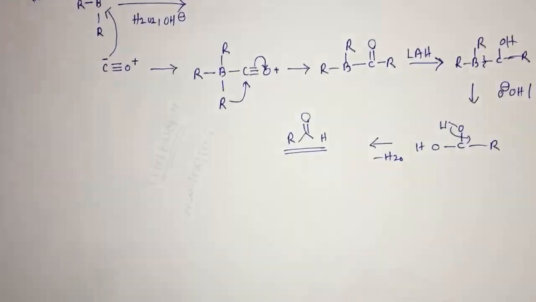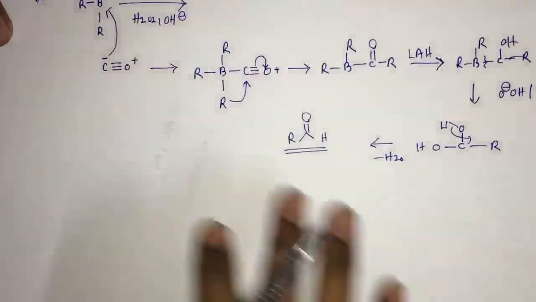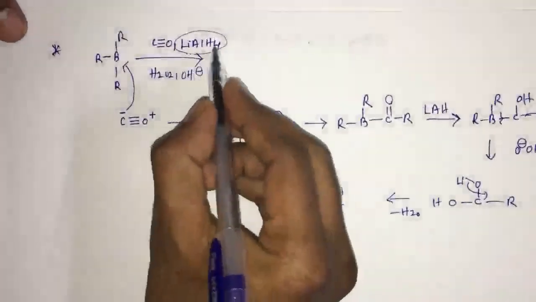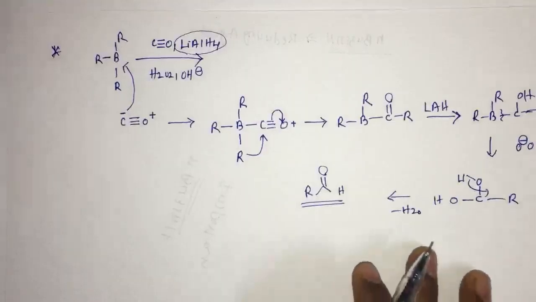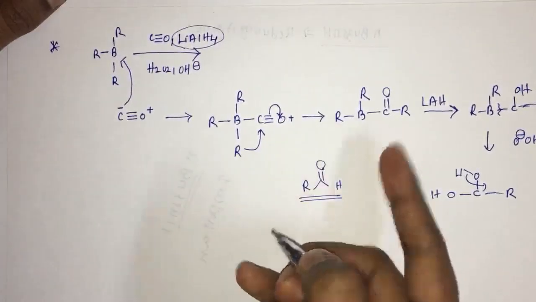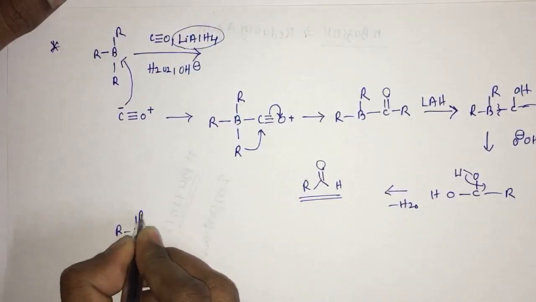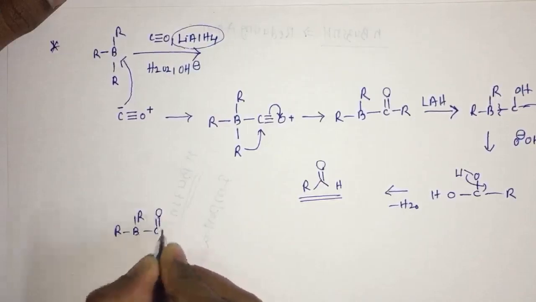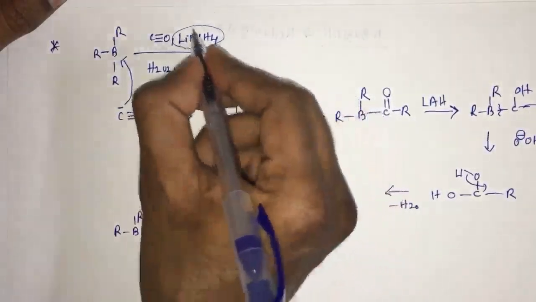And in another case, if they did not mention the lithium aluminum hydride, then we will see what the mechanism could be. So it will be the same up to this. This is forming. So instead of lithium aluminum hydride, they have given water.